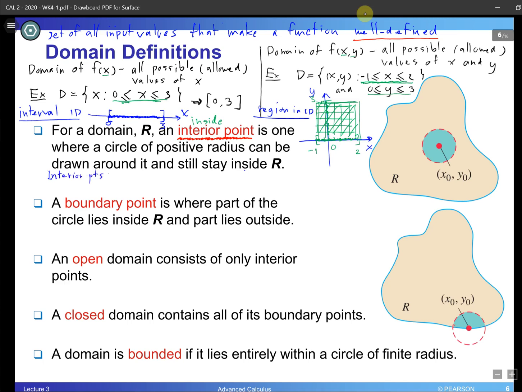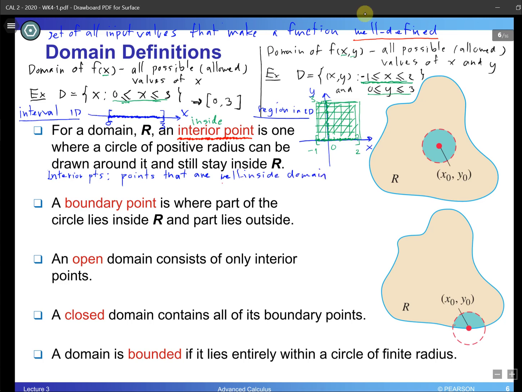Okay. Interior points stand for the points that are well inside the domain. Make a note here, points that are well inside domain. This word is important: well inside. What does it mean by being well inside?